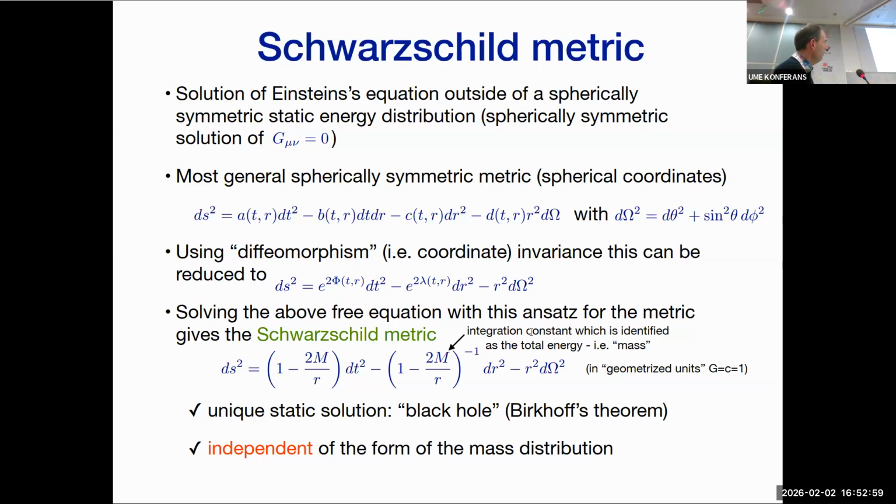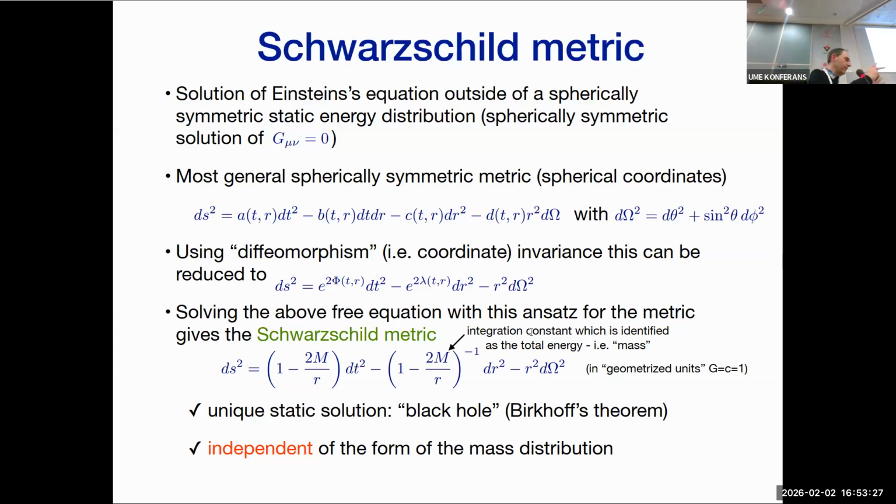And what appears here, 2M over r, that's exactly the Schwarzschild radius that we had before. That's basically the point where nothing can escape. If you're at that point and you send a light ray straight outwards, it will never get to you. Okay, and if you're inside, there's nothing to know about what's going on inside. But this simple metric describes the space-time around any massive object.